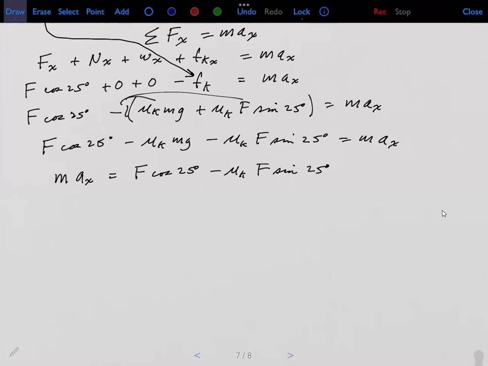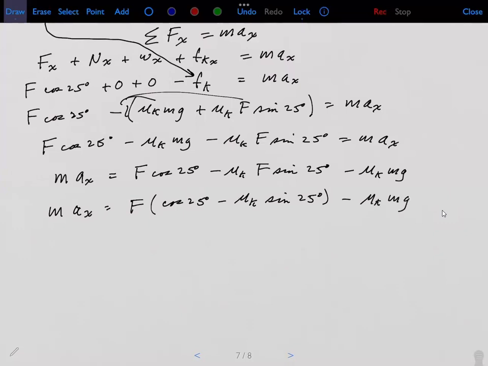You don't have to do this part, but it's just a little neater algebraically. And since the F is common to both of the first two terms, I'm going to pull it out, and I'm left with cosine of 25 degrees minus mu k sine of 25 degrees, and then minus mu k mg.